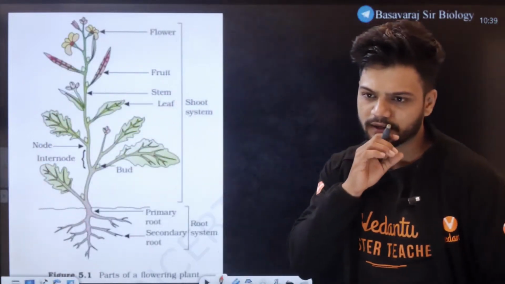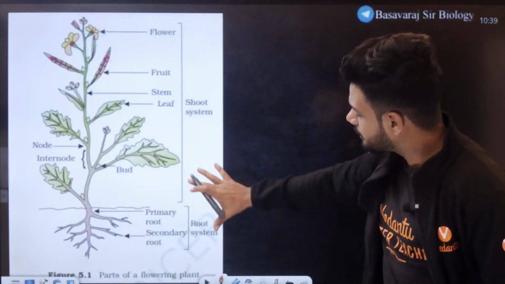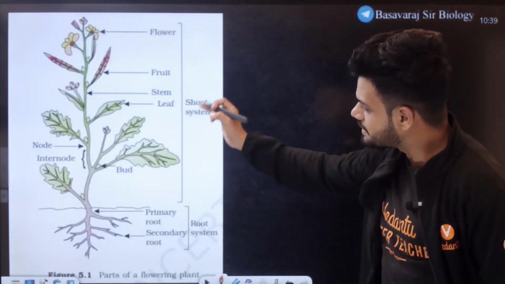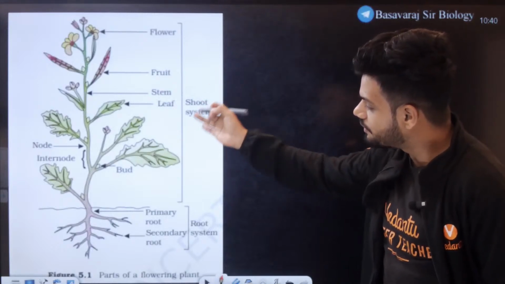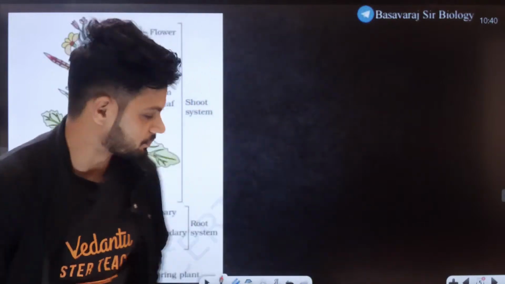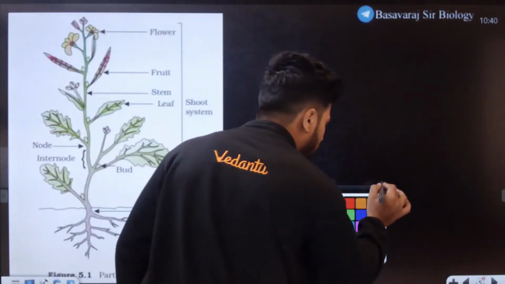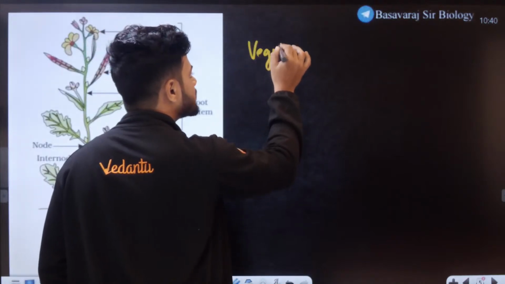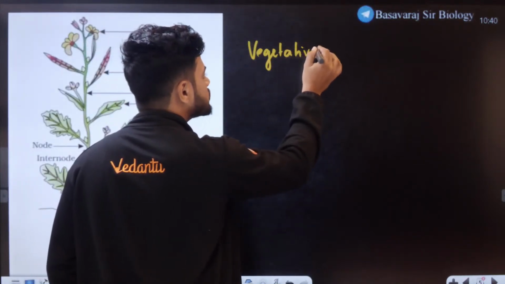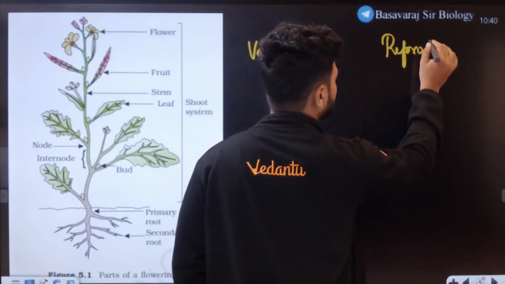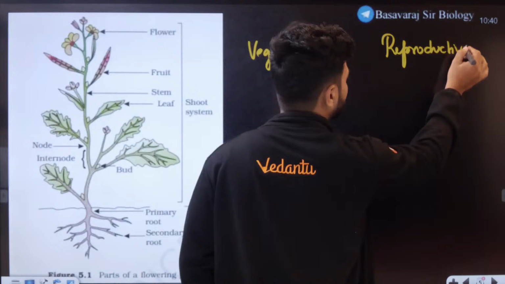In this particular diagram of a plant, which are the vegetative parts and which are the reproductive parts? That is a question to all of you.